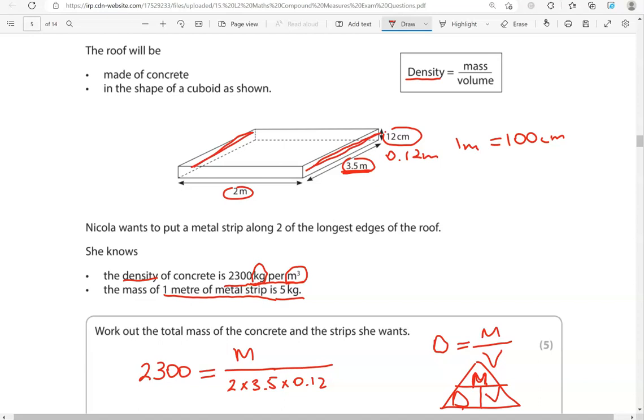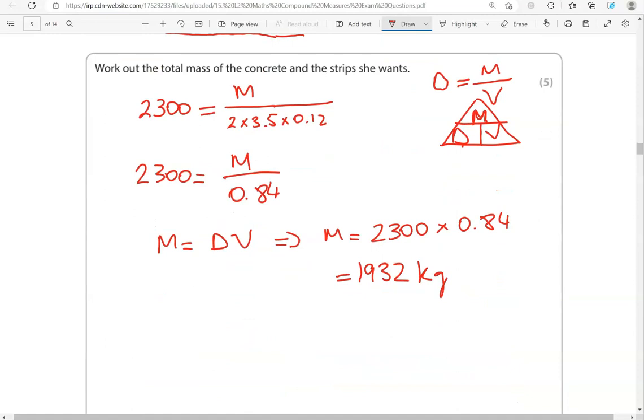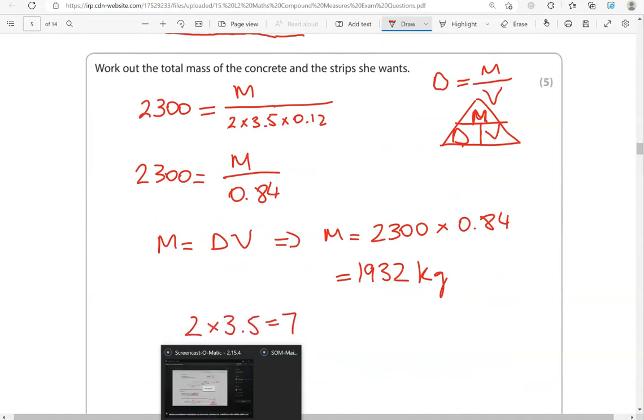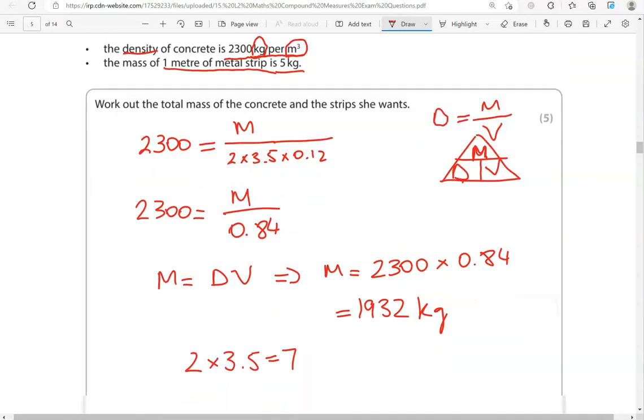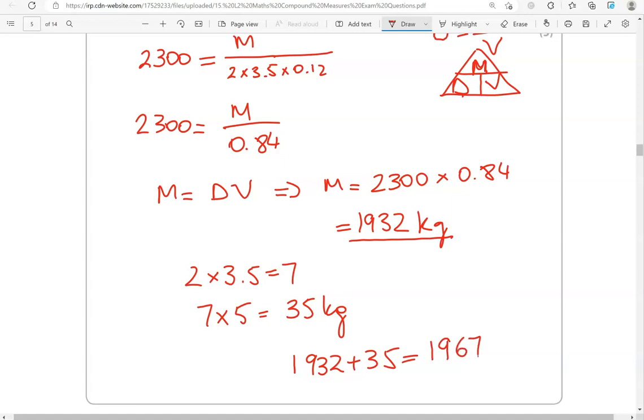So 3.5 and 3.5 is going to be 7 meters. 1 meter weighs 5 kilograms. So 7 times 5 gives us 35 kilograms. So we're going to add it to 1,932, and that gives us 1,967 kilograms.